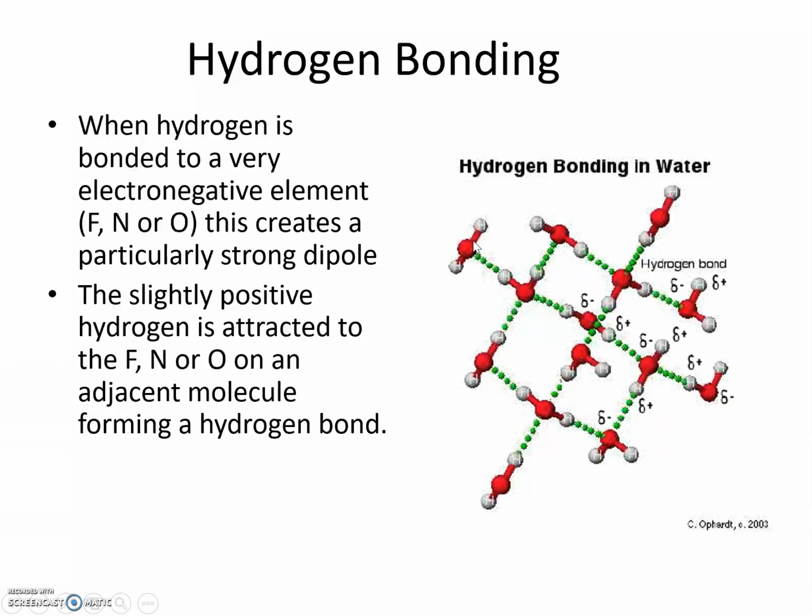So it's a very strong center of positive charge, and then the electronegative element it's bonded to is going to have high electron density around that highly electronegative atom. Okay, so hydrogen bonding is just a really strong dipole-dipole interaction, okay?